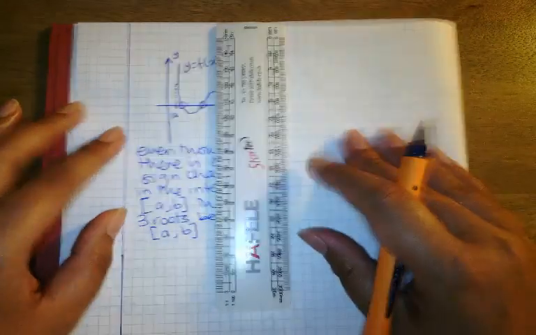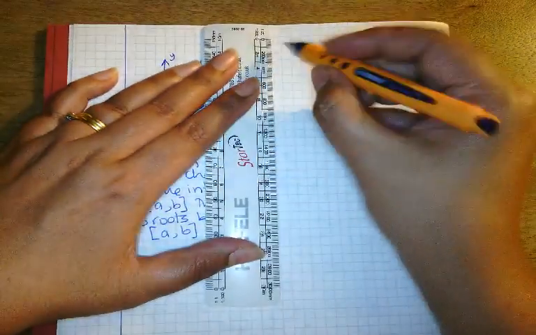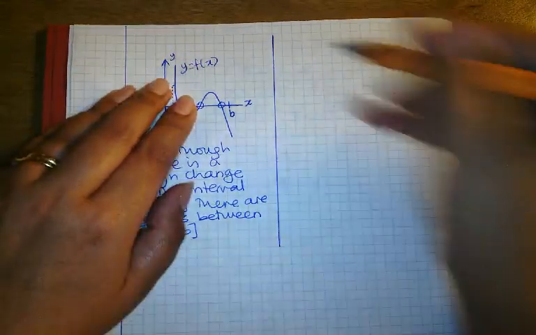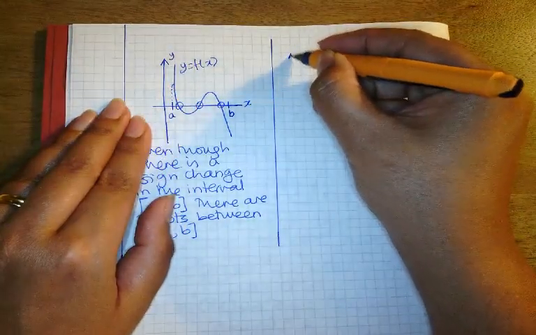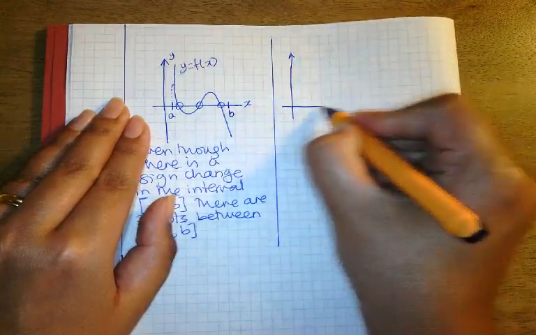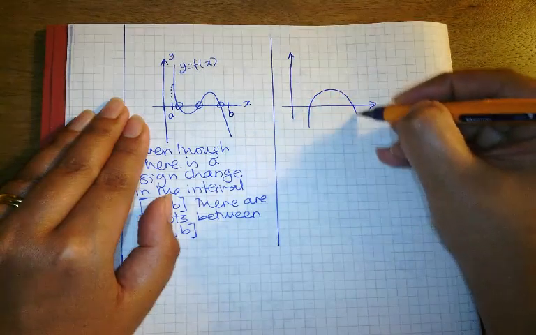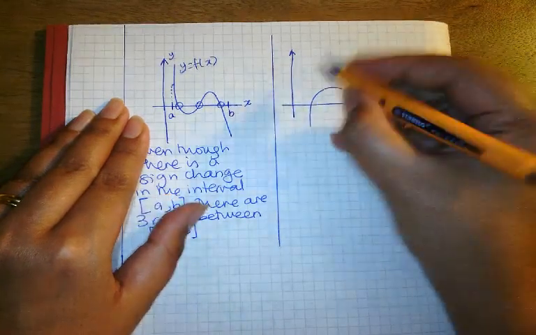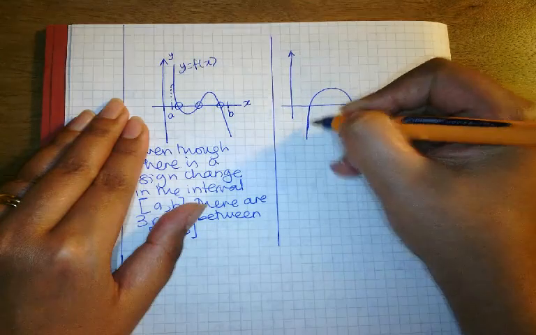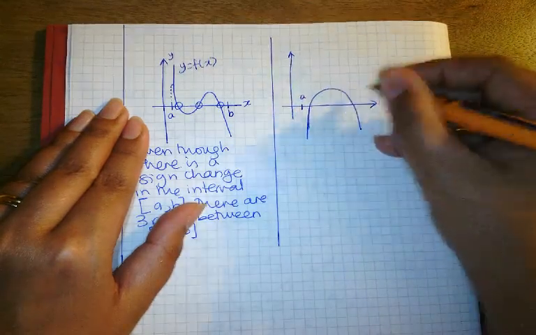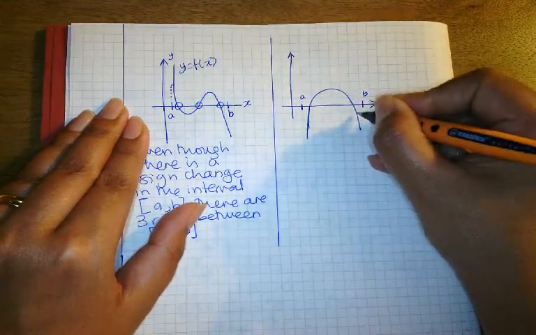Now in the next scenario, you could have something like this. You've got a negative quadratic, you've got A here, and let's say you've got B here.